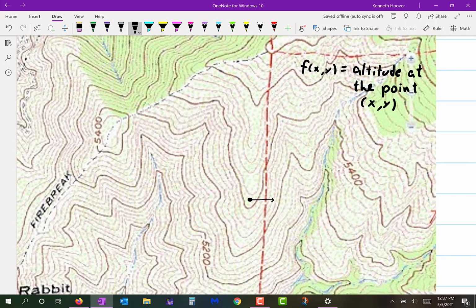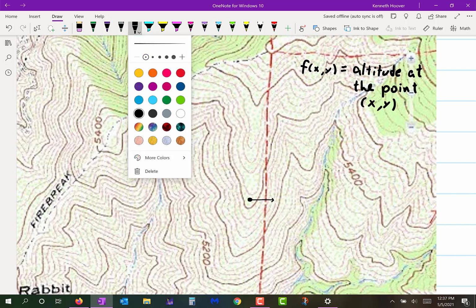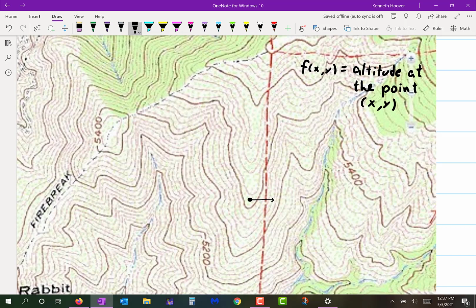Okay, then if you face east, which is the positive x direction, and you measure the slope of the ground in that direction, that slope would be the partial derivative of f with respect to x.